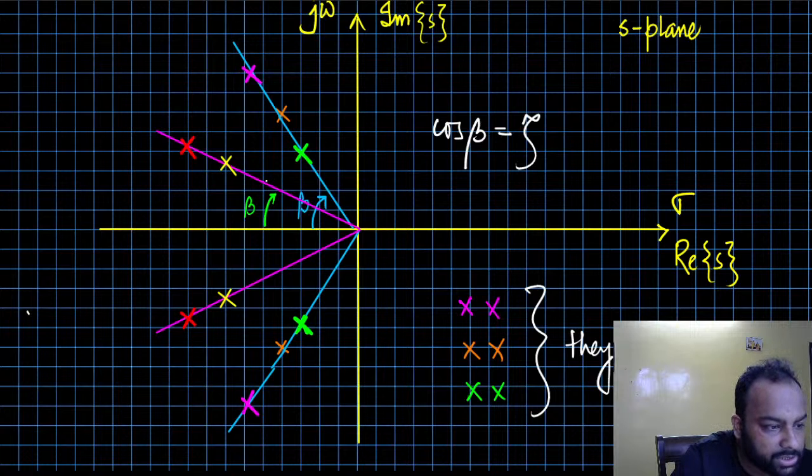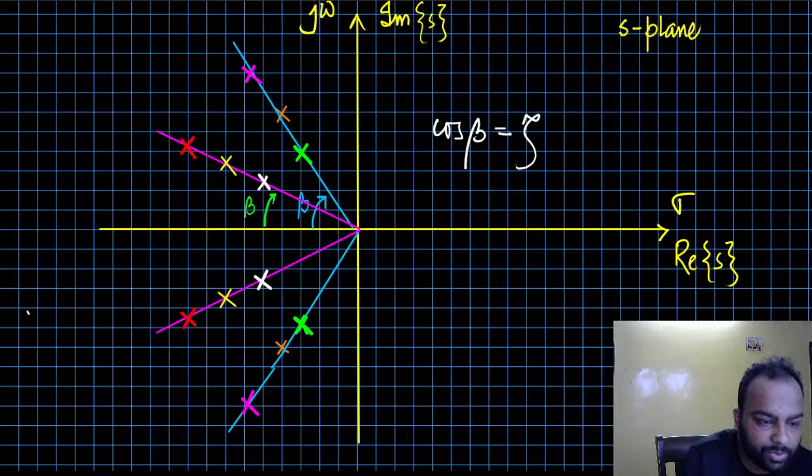Let's choose this white one. So I have, say, poles here and here. For this white pole pair also the same thing, since they are on this axis, they have the same damping ratio. So instead of drawing it this way, I am now saying that these two lines correspond to a certain value of zeta.